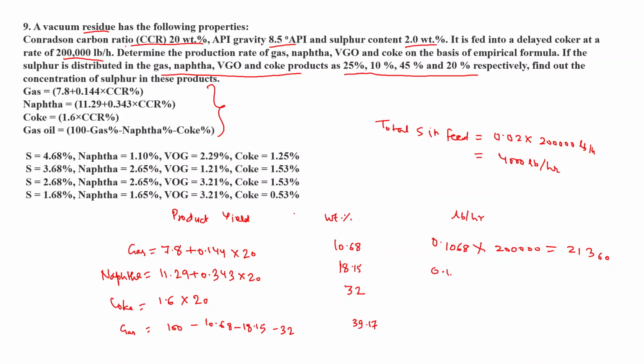Similarly, 0.1815 and so on. So these are the amounts of gas, naphtha, coke, and gas oil in our feed.